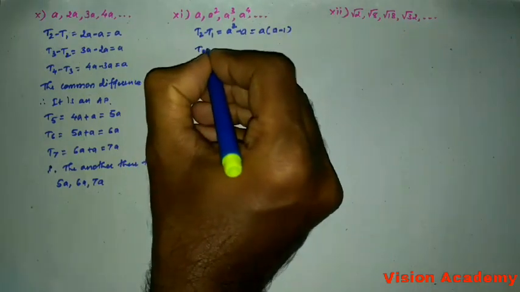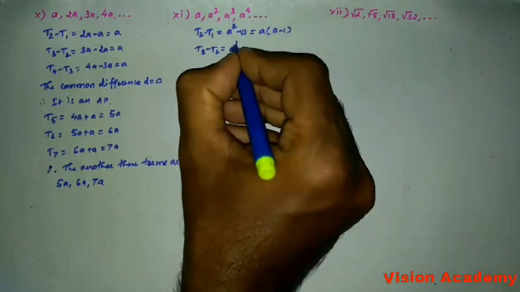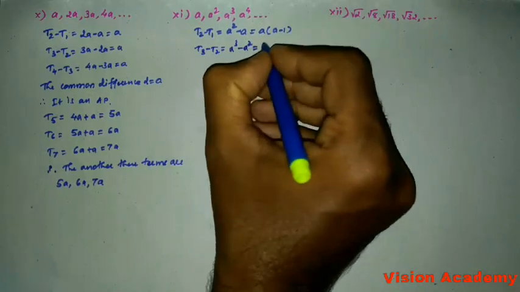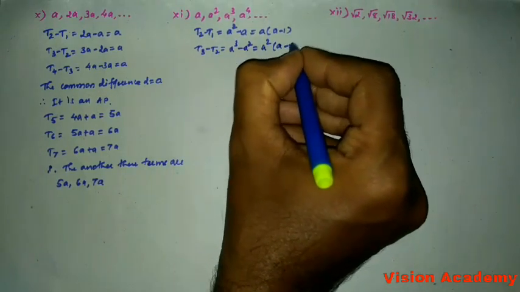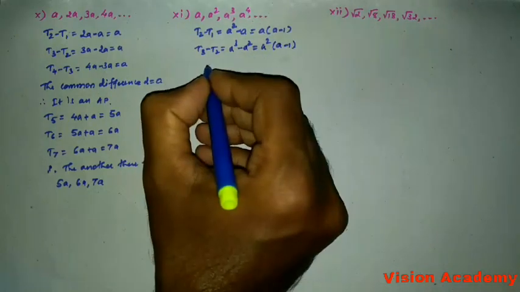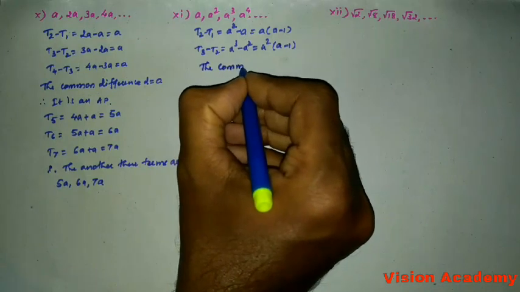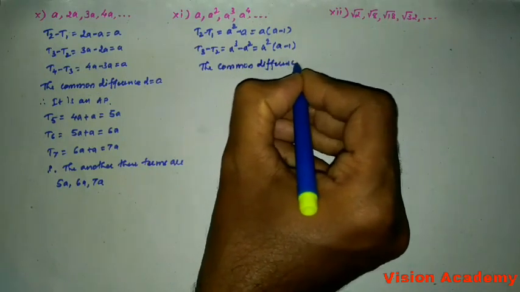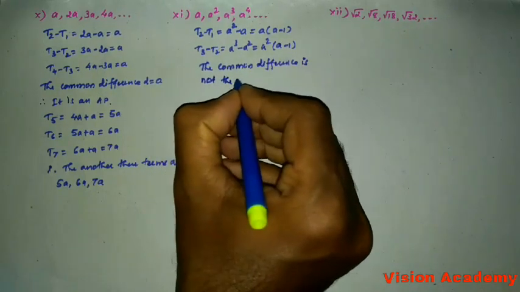Now T3 minus T2 is equal to T3 is a cube minus T2 is a square. If I take a square common out, we will remain with a minus 1. Here the common difference is not the same.